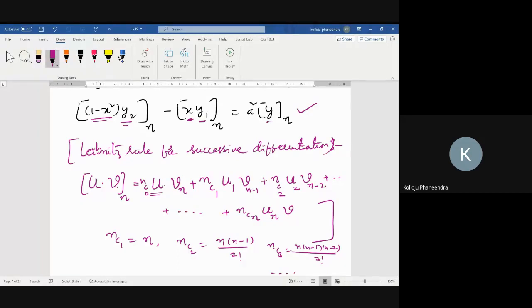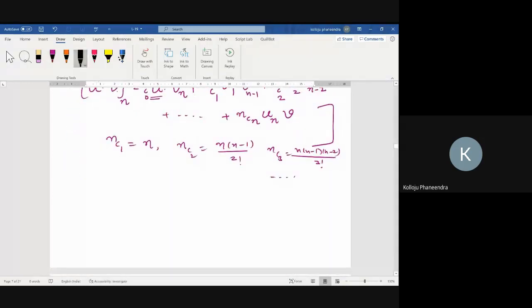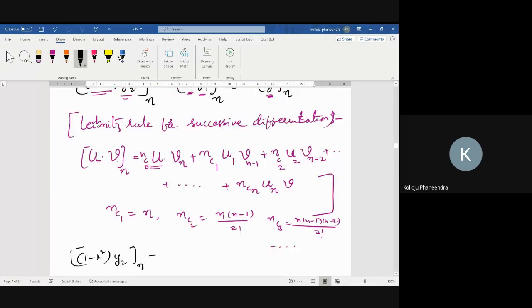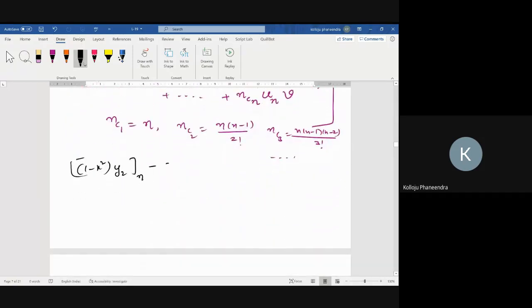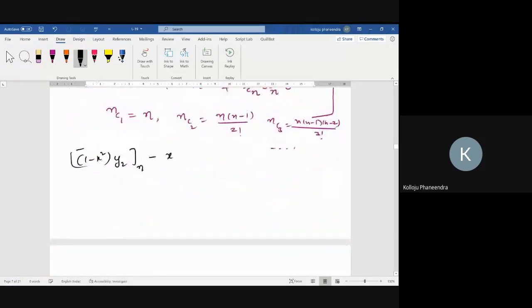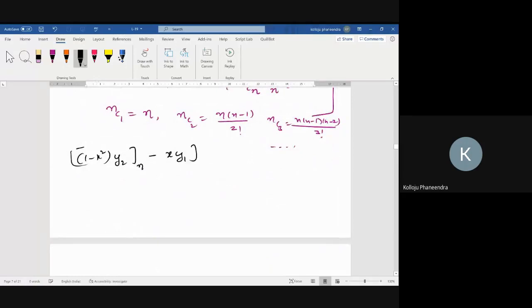And there is no only single function, so as it is. So once again I'm writing this. 1 minus x square y2 for this nth derivative, and minus xy1 for this nth derivative equal to a square y for this nth derivative.